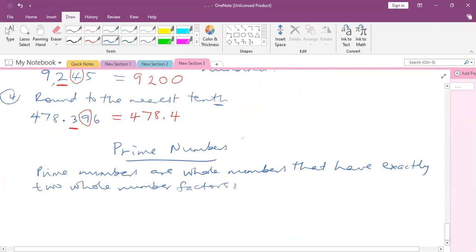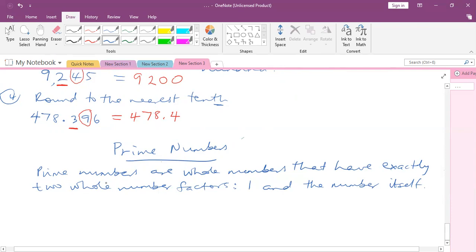And these are 1 and the number itself. All right, so 1 and the number itself.